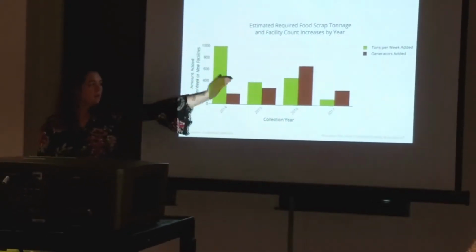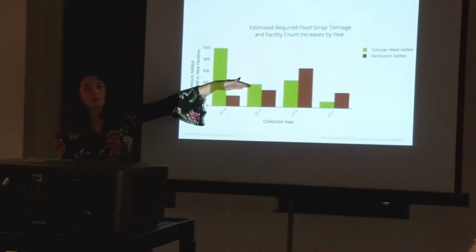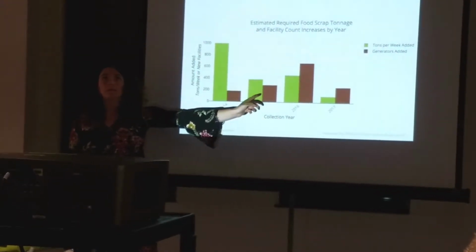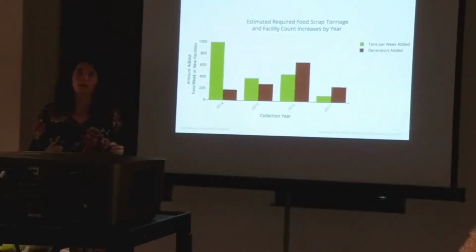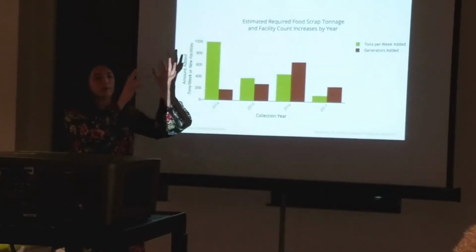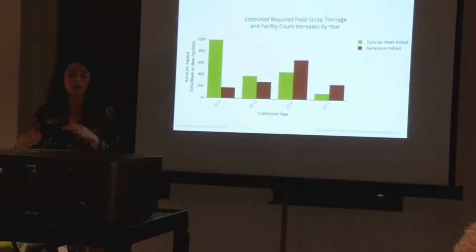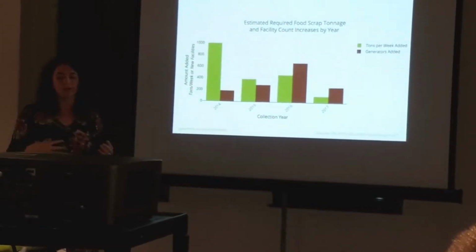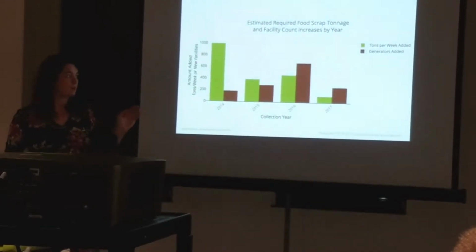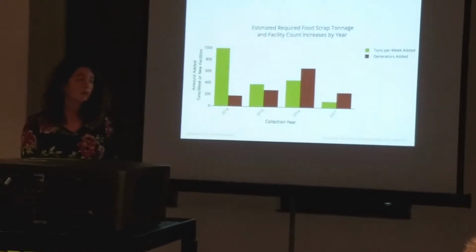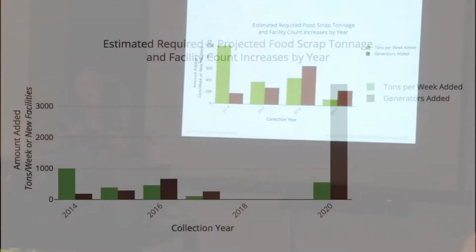We see year over year, the amount of tons per week being added is less and less, but the number of places is more and more, which means that volumetrically, a whole bunch was required initially and then it tapered off. But in terms of the logistics of trucking all of that food waste around, it's getting more and more complex because the number of generators being added is increasing.